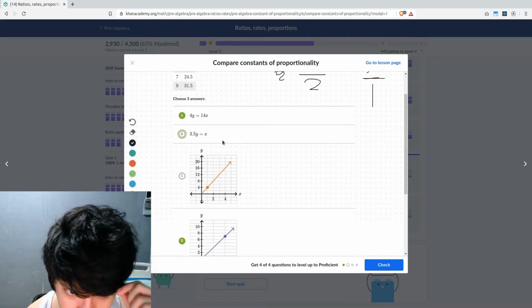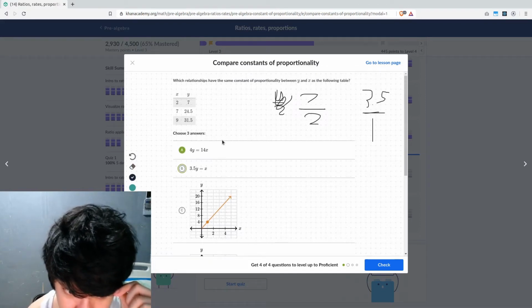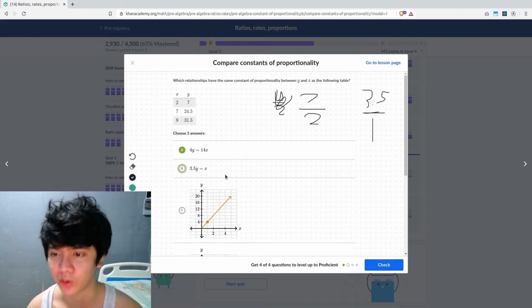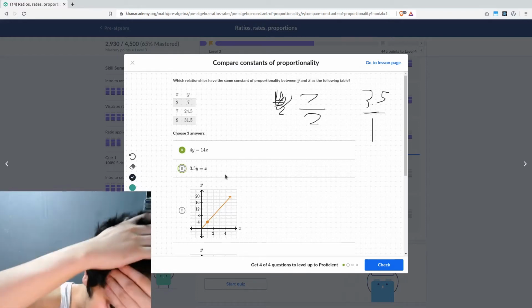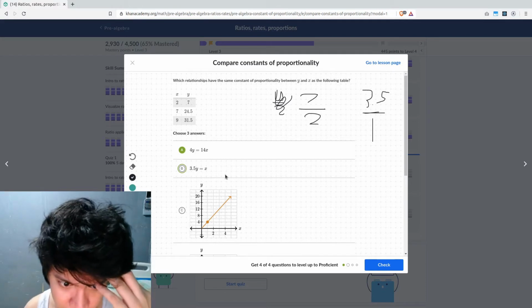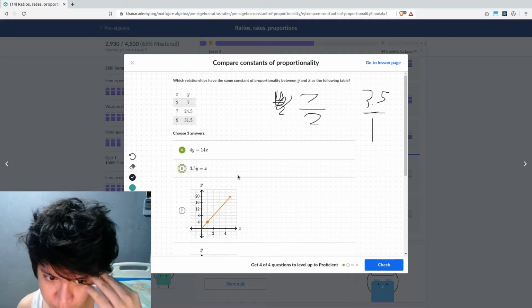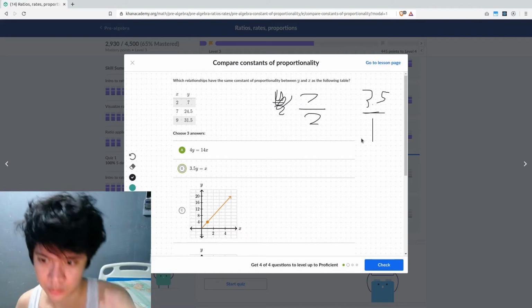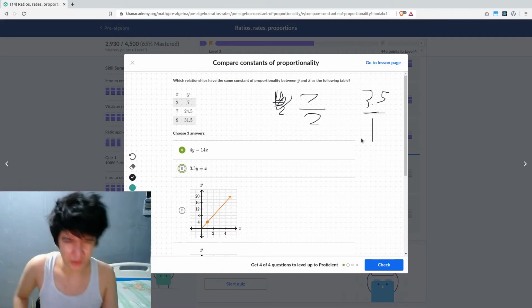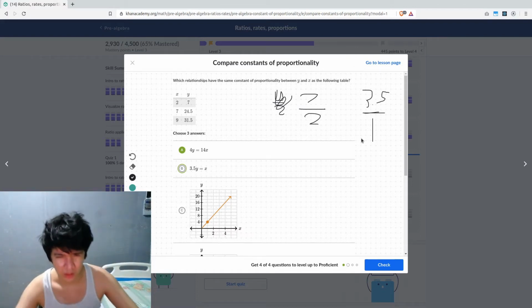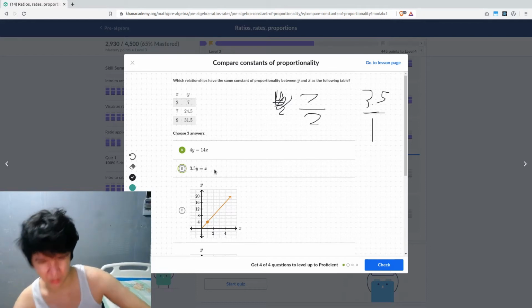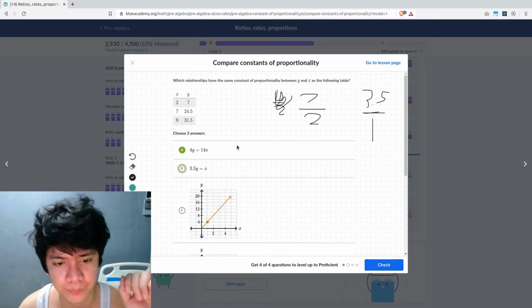Which could be wrong? This one? Ah, yeah, this one's wrong. I almost got debated by it. Wow.